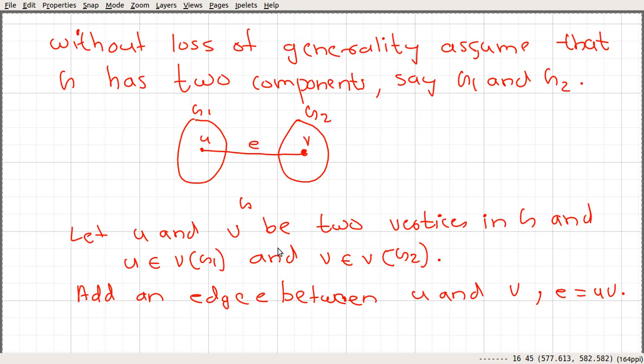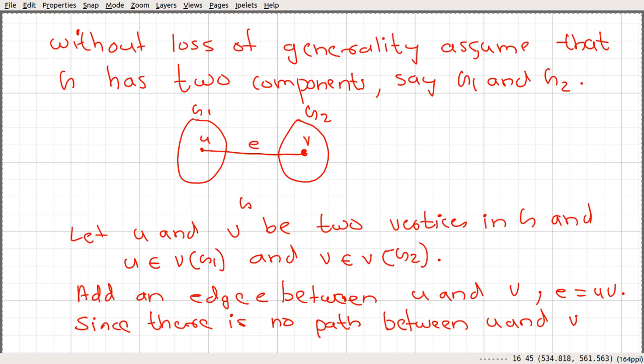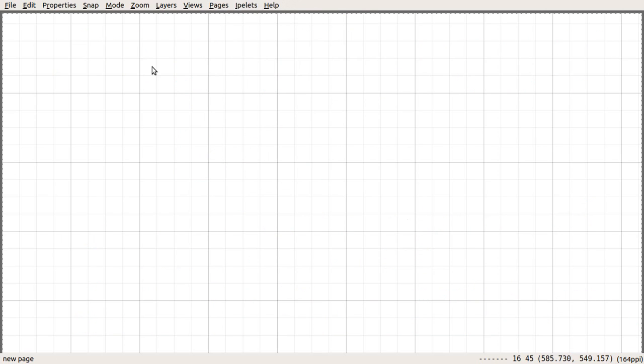Since there is no path between this u and v in G, adding this edge E will not create a cycle.